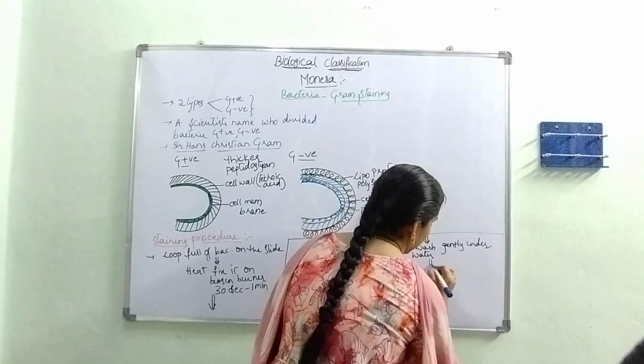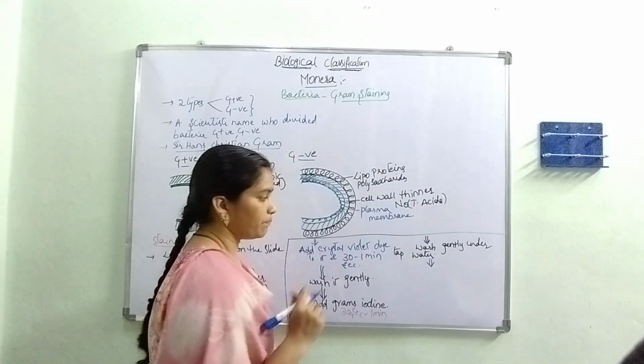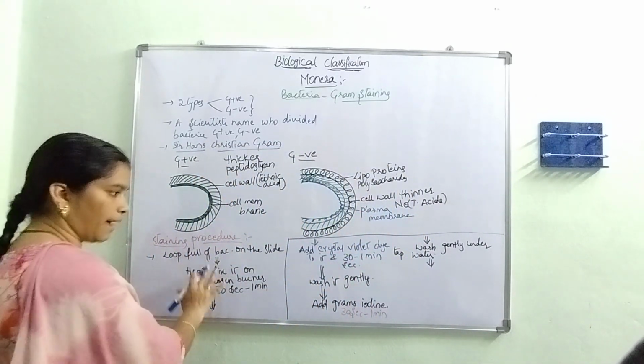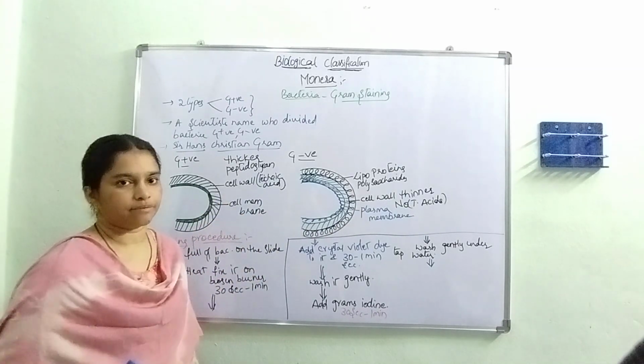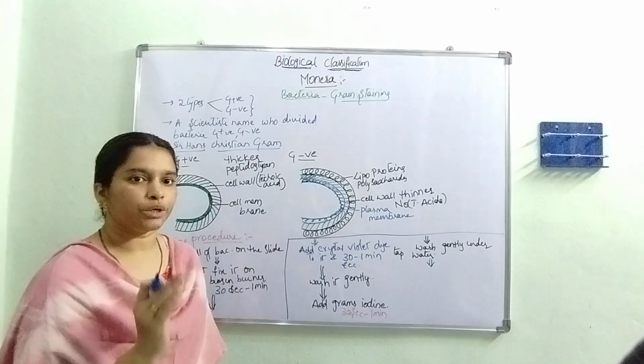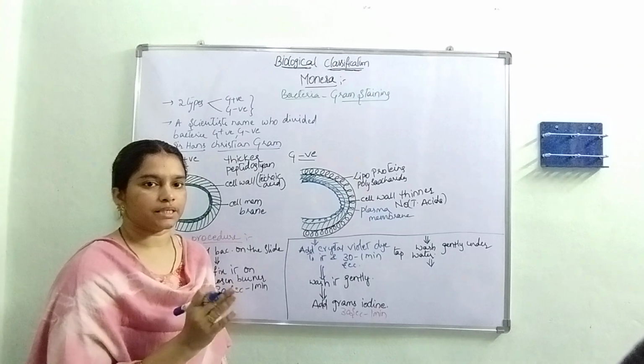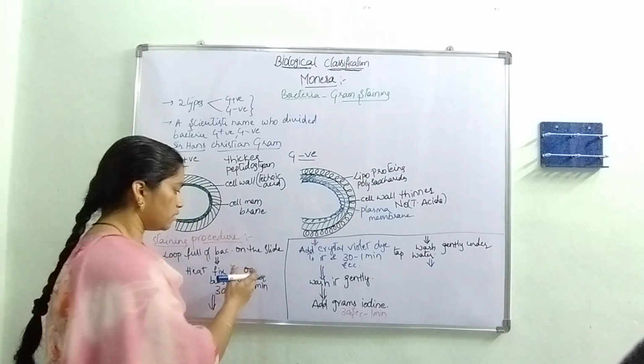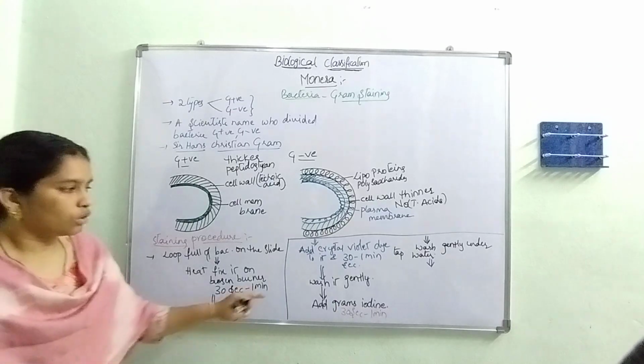Now comes the key point in this procedure. Now all the cells, gram positive and gram negative, are stained, and we don't know which cells are present on the slide.